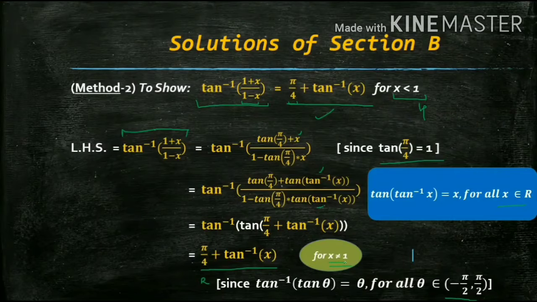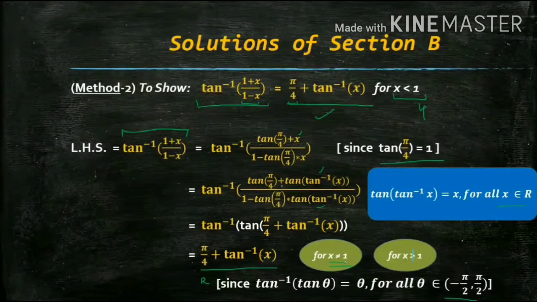Done? Now, also x is not greater than 1. Let me tell you how. You consider this quadrant. Let's suppose x is greater than 1, any value. Now look at this. If it is greater than 1, this inside term would be negative. And tan inverse of negative, its principal value lies in which quadrant?